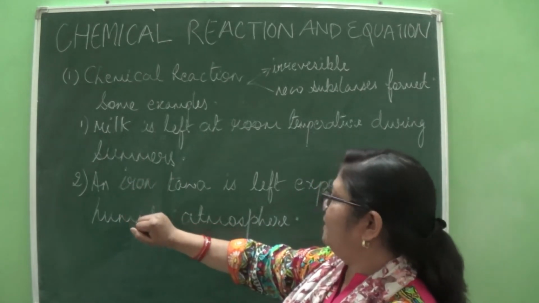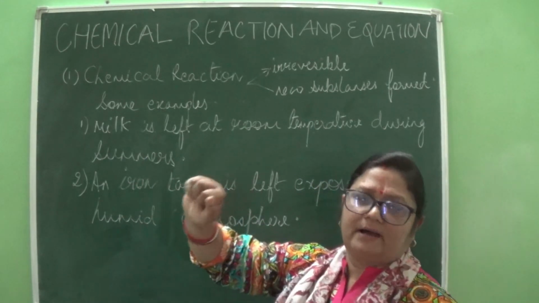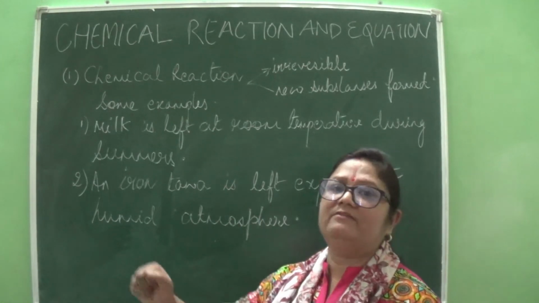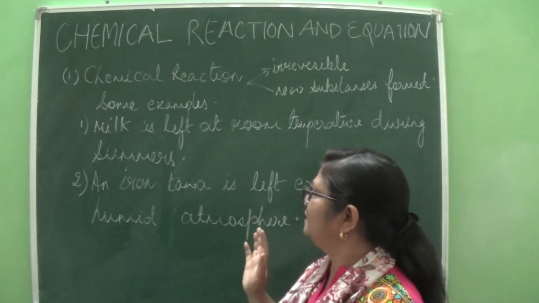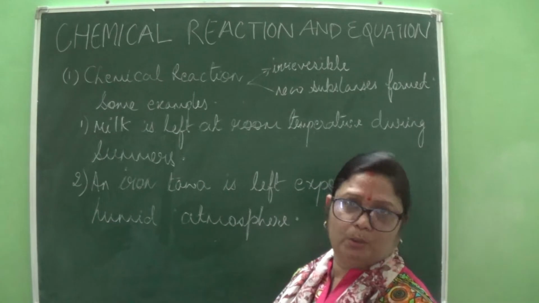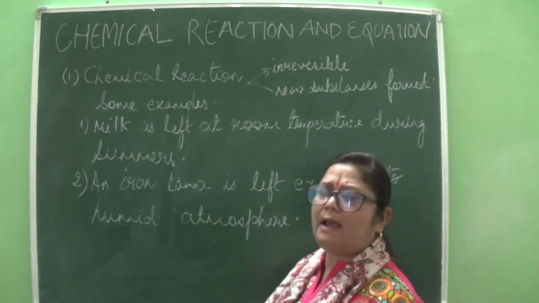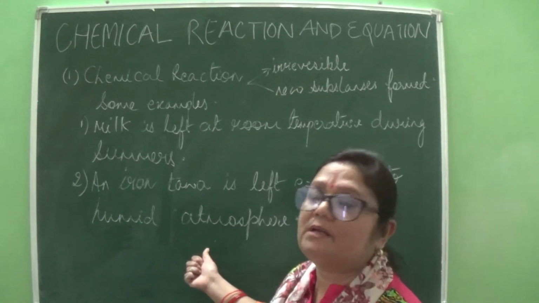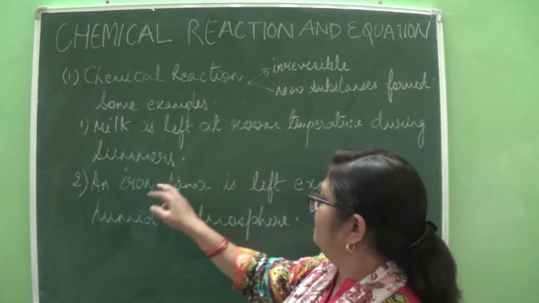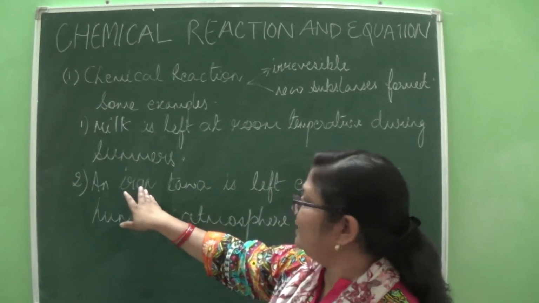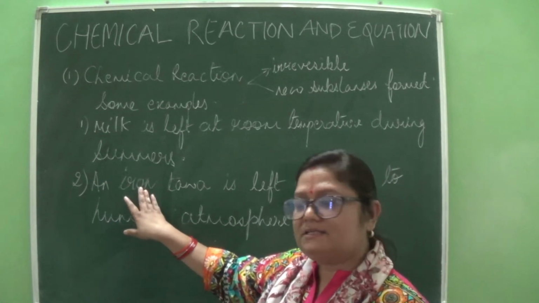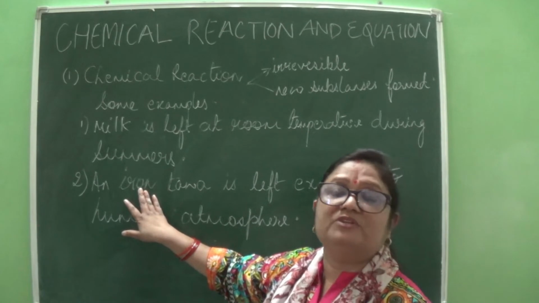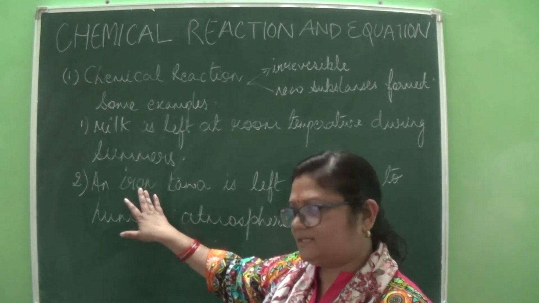Now take the example of an iron tawa. If we leave it as it is in summers, do we see anything? No. But what happens in the humid atmosphere? Here water is present. This water reacts with the iron, and as a result it changes to its oxide form, which we commonly call rust.